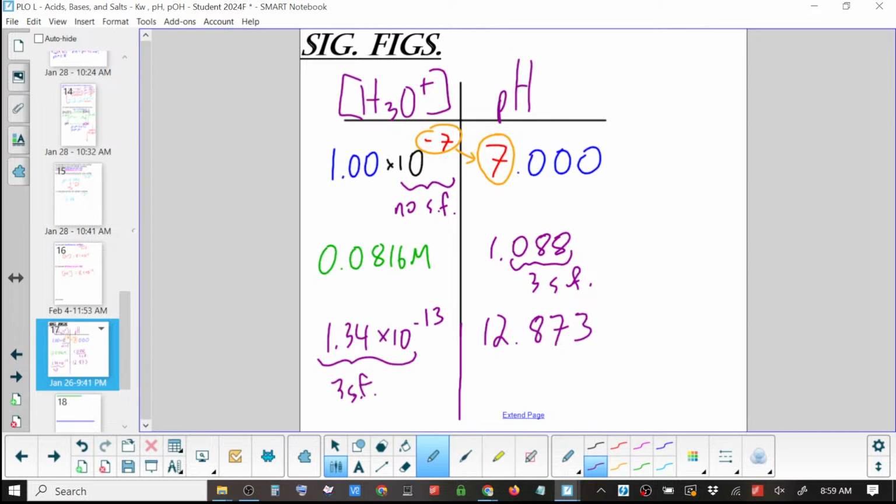Technically speaking, if I tell you that something is neutral and has a pH of 7, how many sig figs does that number have? 0. It's almost a qualitative observation, because we know it's neutral, but it's like plus or minus 10 or 100.